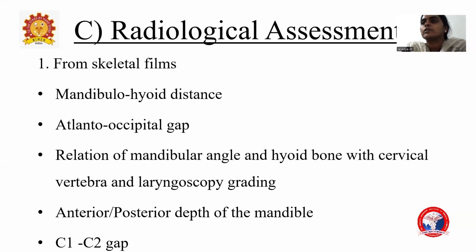Then there comes the radiological assessment. This is from the X-ray films of the mandible. You can see the mandibular hyoid distance, the atlanto-occipital relation, the relation of the mandibular angle and the hyoid bone with the cervical vertebra, and laryngoscopy grading, and the anterior and posterior depths of the mandible.